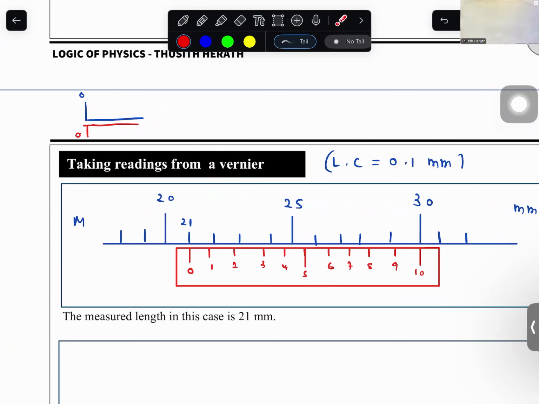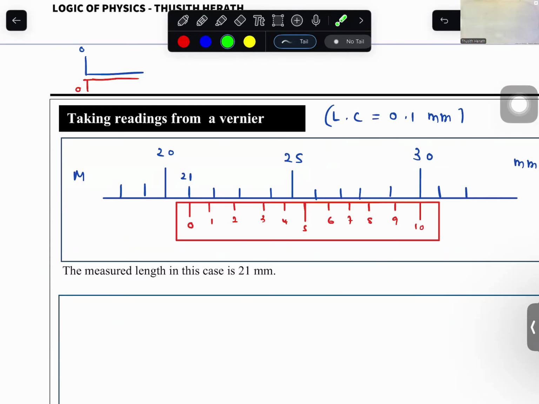How much has the Vernier scale moved in this direction? You can simply identify that it has moved 21 millimeters up to here. So the measured length is 21 millimeters, because the 21st line of the main scale is coinciding with the 0th line of the Vernier scale.